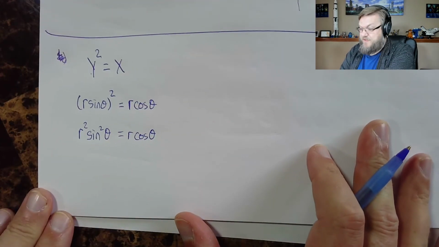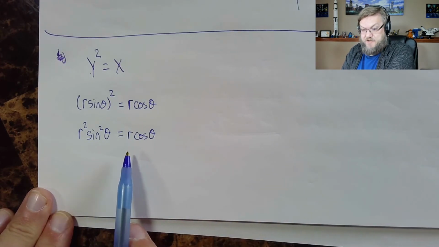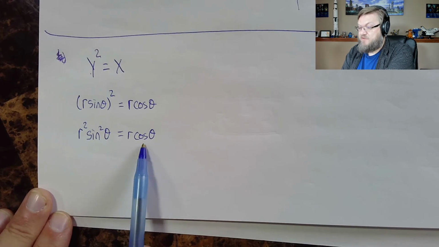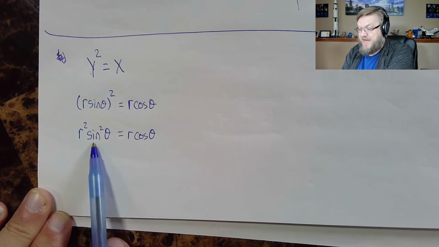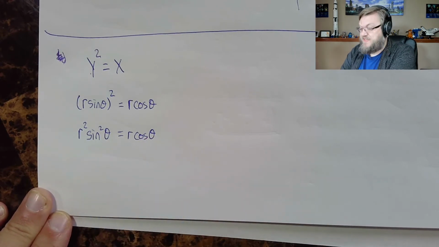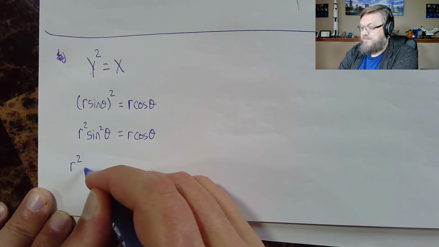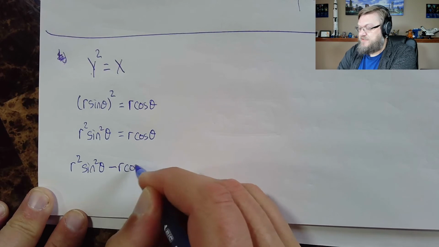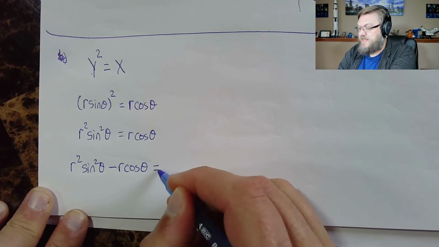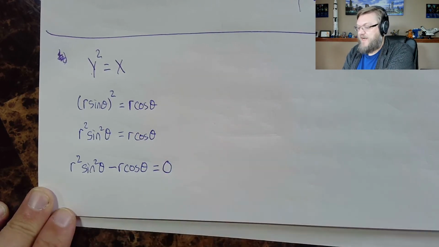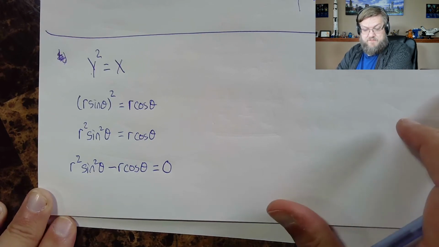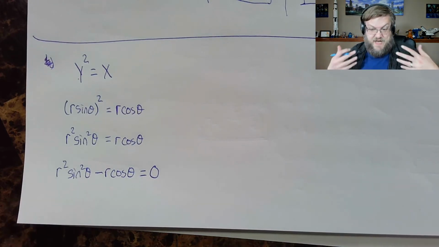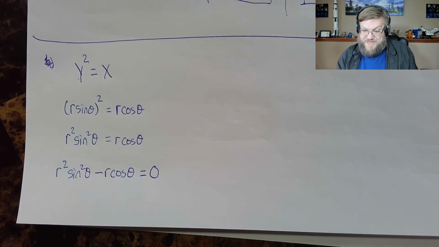I have a little bit of a tricky trig equation cooking up here. To handle this, I'm going to subtract this from both sides, get everything on one side, and then factor as best I can. I do want to avoid dividing, because dividing I might lose vital information, because I might make the assumption that something is not 0 when it might be, right?